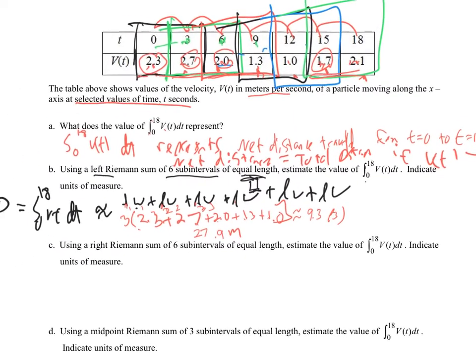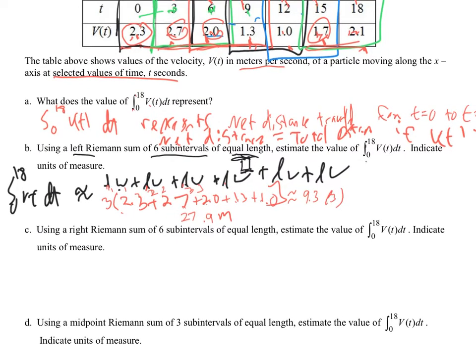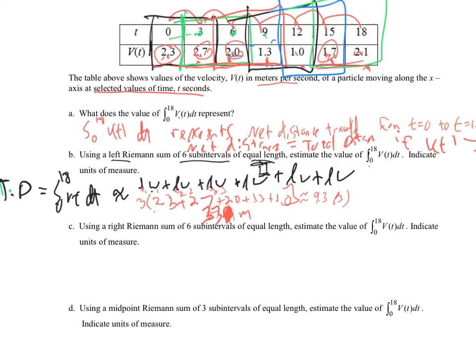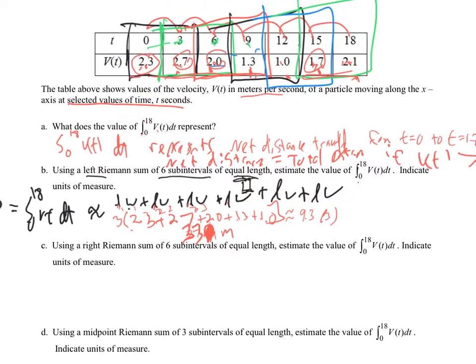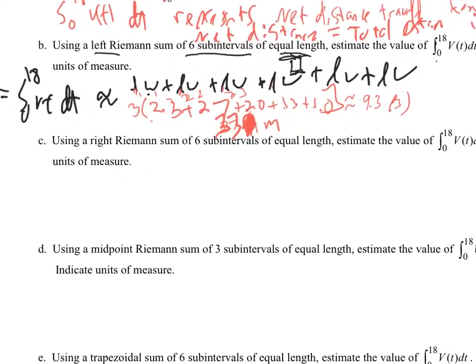That's 9. It's 3 times 11, 33 meters. 33 meters. 2, 4, 5, 6, 7, 8, 9, 10, 11. Yes, okay, got it now.